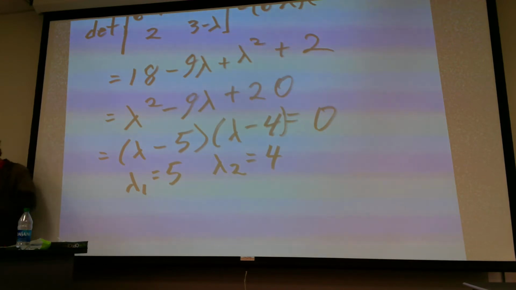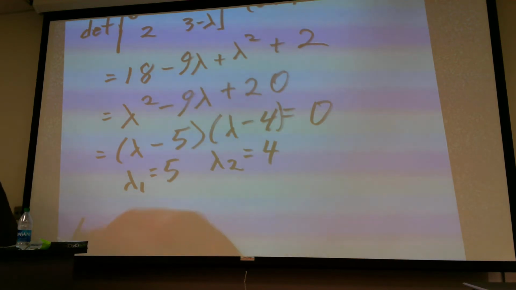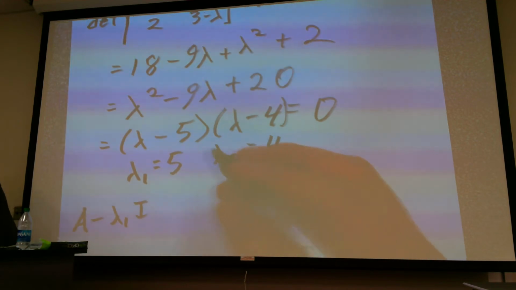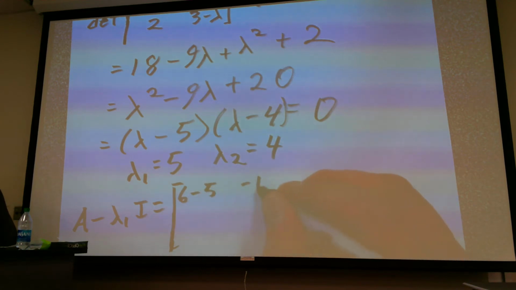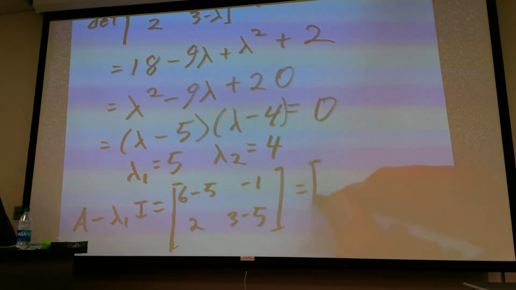To find v1, first we're going to look at A minus lambda 1 I. So that's 6 minus 5, negative 1, 2, and 3 minus 5. So 6 minus 5 would be 1, negative 1, 2, negative 2.